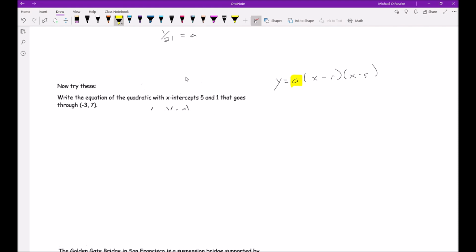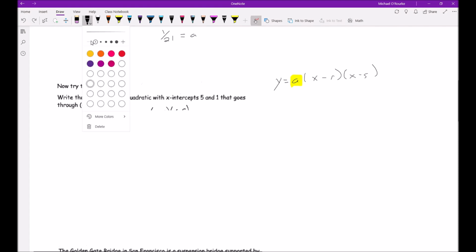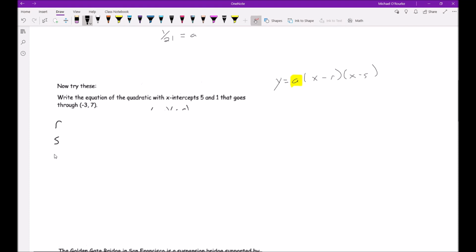Let's figure out what we have here. Okay, so I like to make my list over here. So I'm going to go r, I would do that. Let's write a little thicker too. So I have r here, I have s, x, y, and a. Let's figure out what we have and what we need. So if you look here, x-intercepts of 5 and 1.